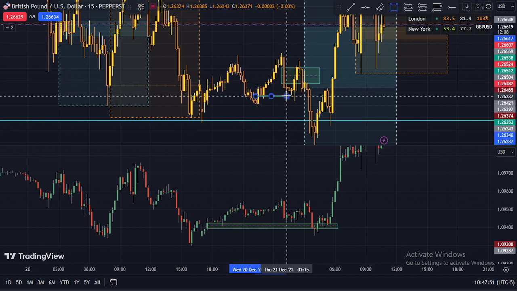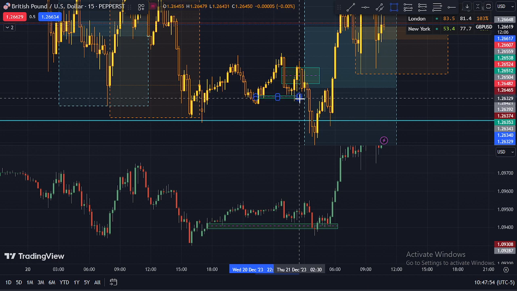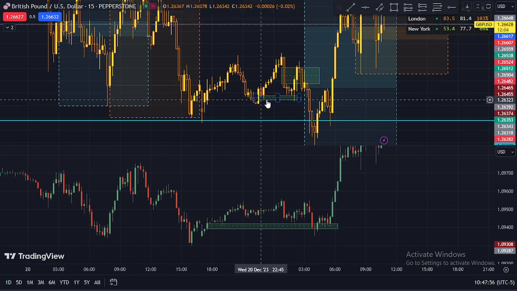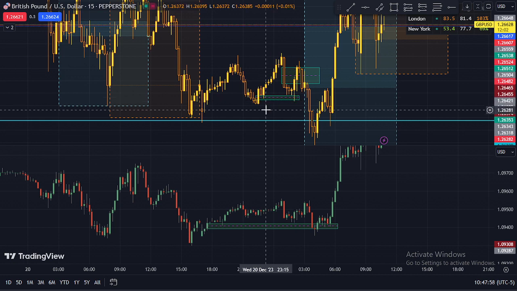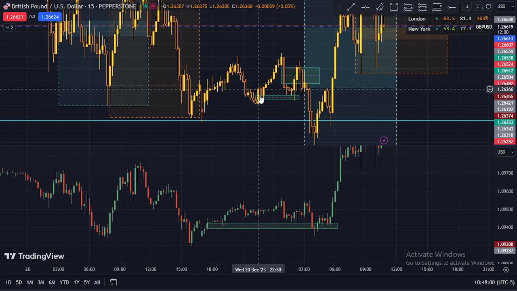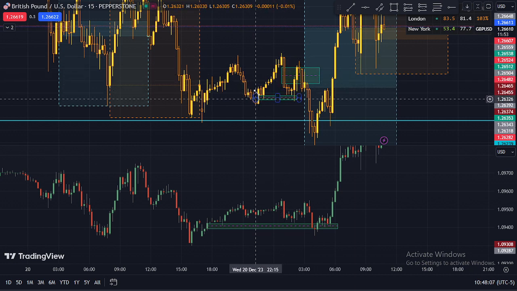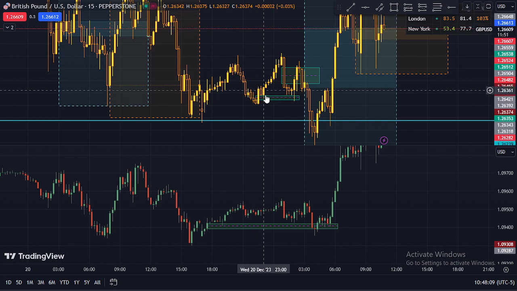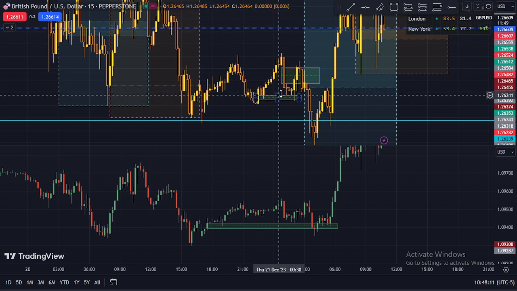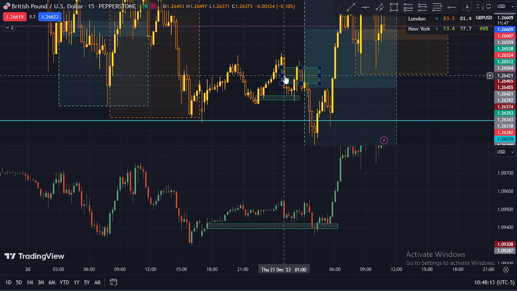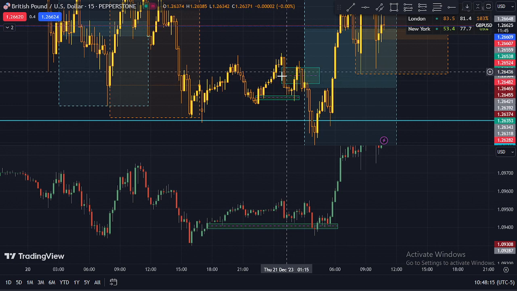So we mark that. Yes, we had that. So we traded inside that, and inside we had this order block right there. So you can also extend that through.